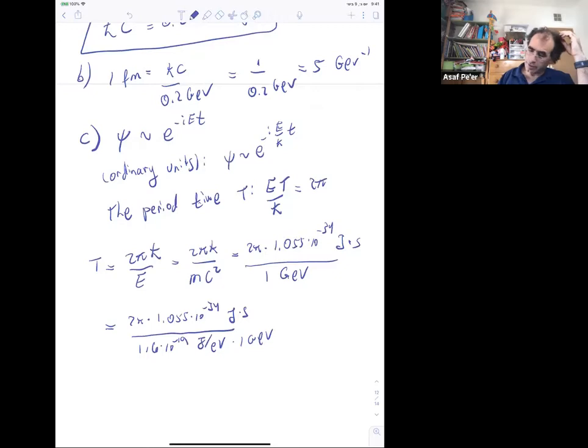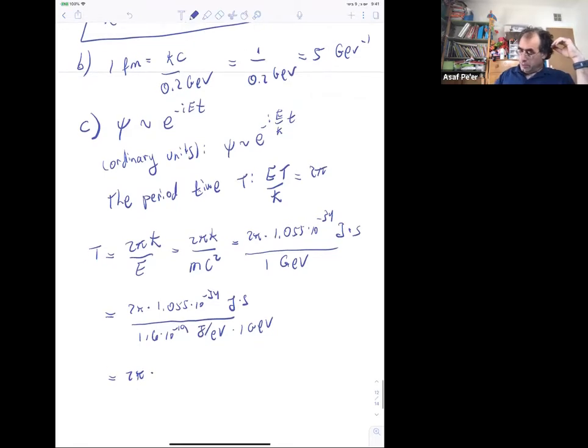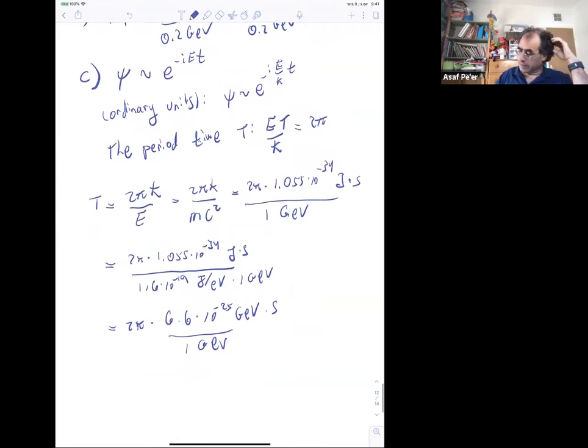So this gives me 2 pi times, okay, I did the conversion to GeV already, 6.6 times 10 to the minus 25 GeV seconds divided by 1 GeV. So it's about 4 times 10 to the minus 24 seconds. Quite short.